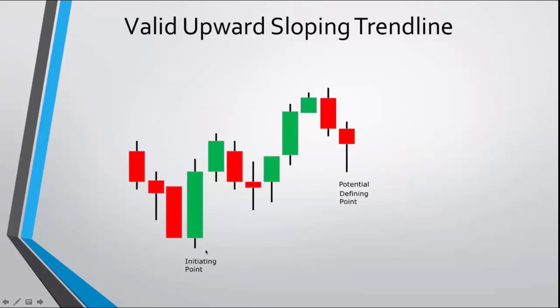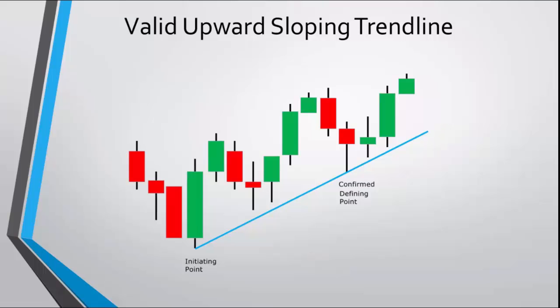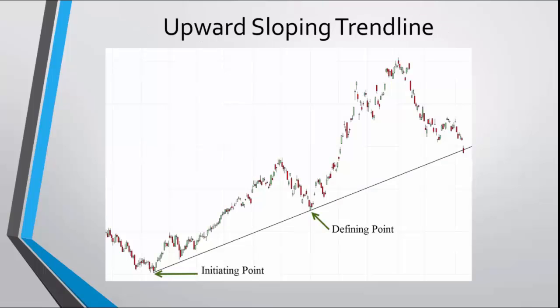Potential, so we could theoretically draw a trend line now, but if the next candle touches it, it wouldn't be a proper defining point. So we can draw our potential trend line. Next candle does not touch it. It's now a confirmed defining point. Initiating point, confirmed defining point. That's a valid upward sloping trade trend line as defined by Path Trading Partners.